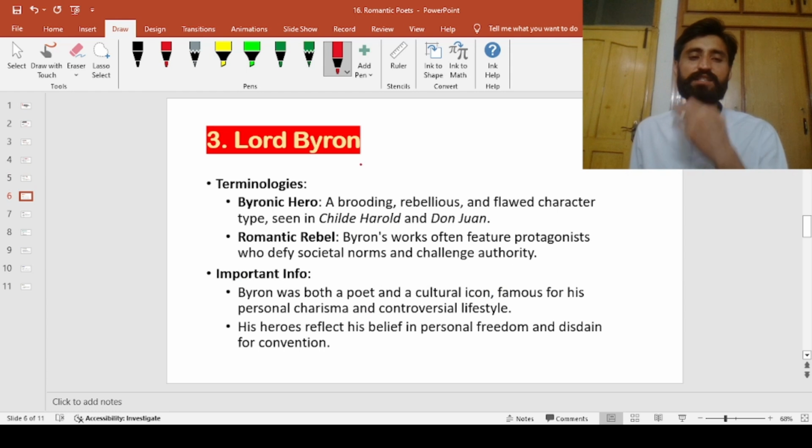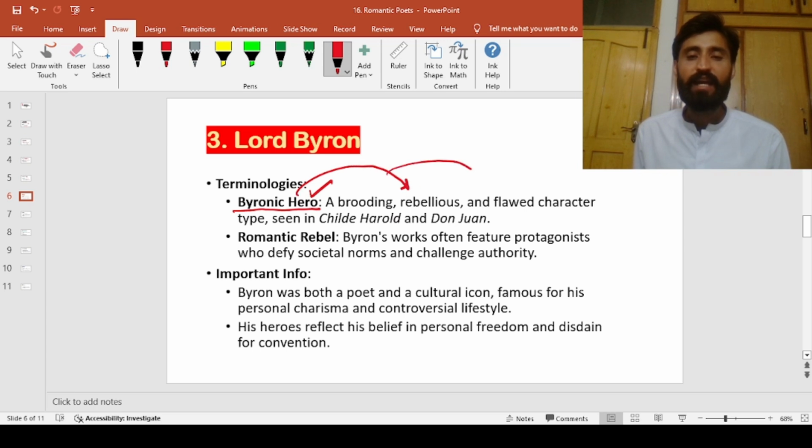The next one is Lord Byron. His Byronic hero is very important. A brooding, rebellious, and flawed character type seen in Childe Harold and Don Juan. So Byronic hero is a hero that is rebellious and is flawed, and such kind of hero is found in Childe Harold and Don Juan.